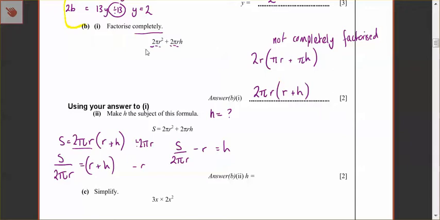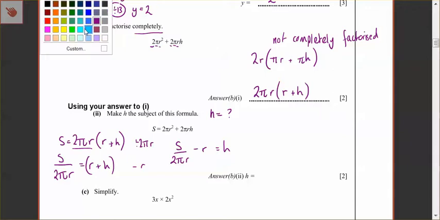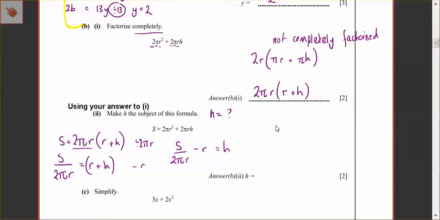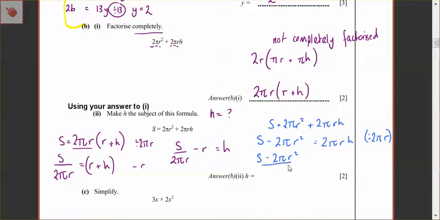The other way, if you didn't use part 1: s equals 2 pi r squared plus 2 pi r h. I could have just subtracted 2 pi r squared, so s minus 2 pi r squared equals 2 pi r h. Now what would I have done? We divide by 2 pi r, and it gives me s minus 2 pi r squared all over 2 pi r equals h.